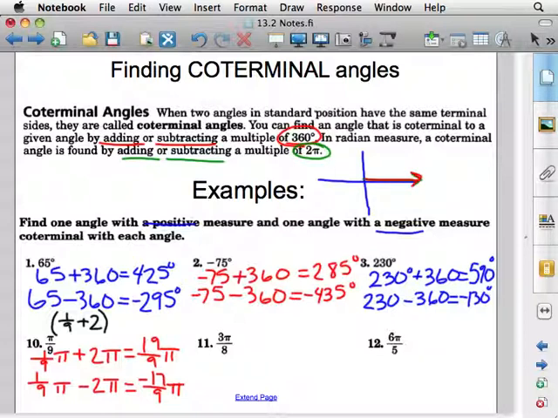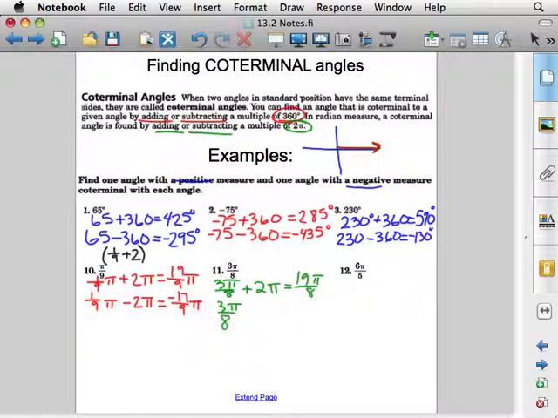Problem 11, 3 pi over 8 plus 2 pi will give us 19 pi over 8. 3 pi over 8 minus 2 pi will give us negative 13 pi over 8. And finally, problem 12.